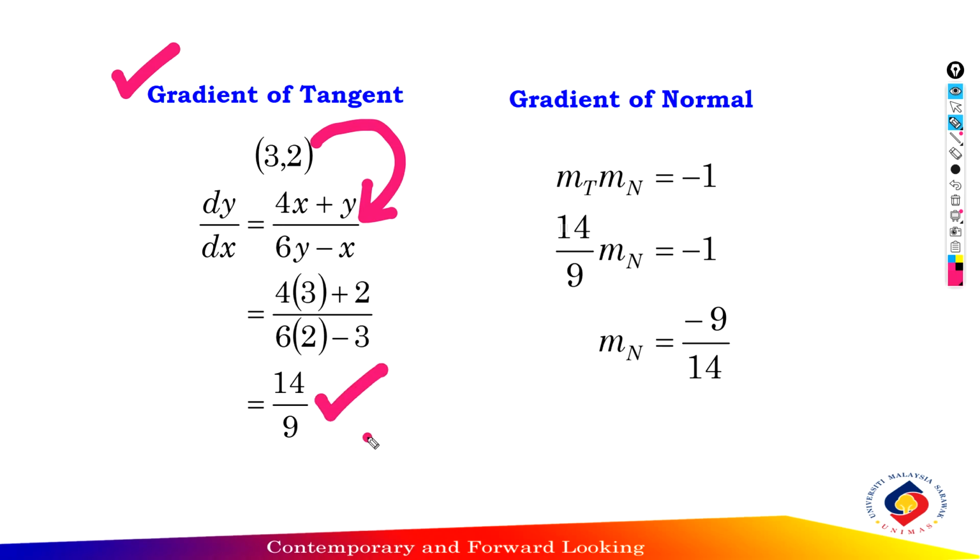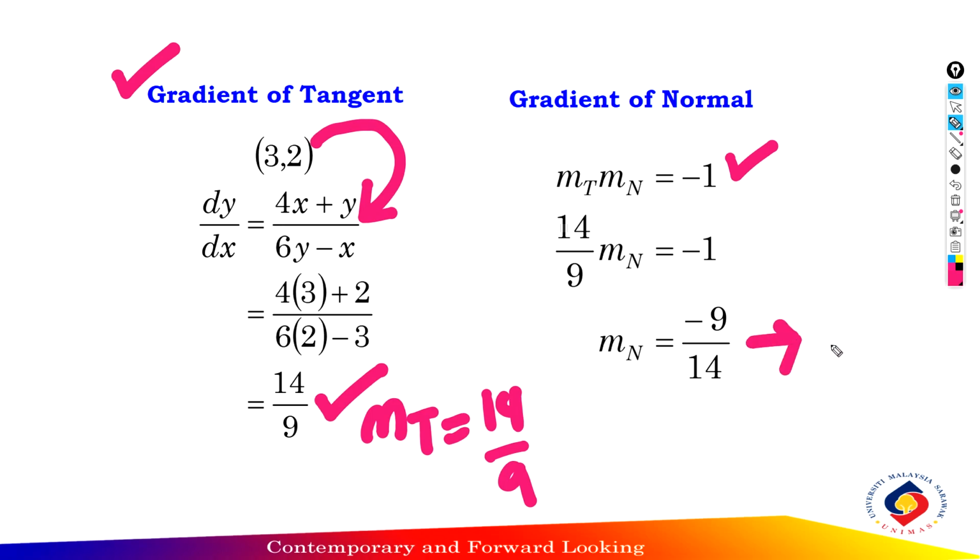This is the gradient of the tangent, mt equals 14 over 9. The gradient of the tangent mt times the gradient of the normal equals negative 1. So 14 over 9 times mn equals negative 1, and mn, the gradient of the normal, equals negative 9 over 14.